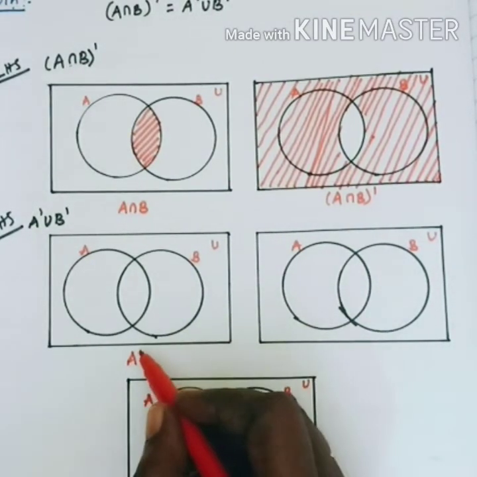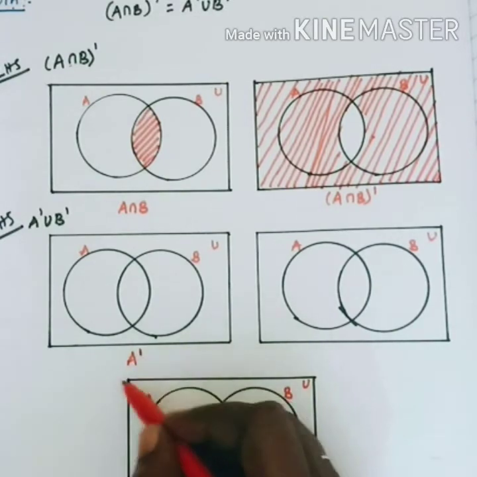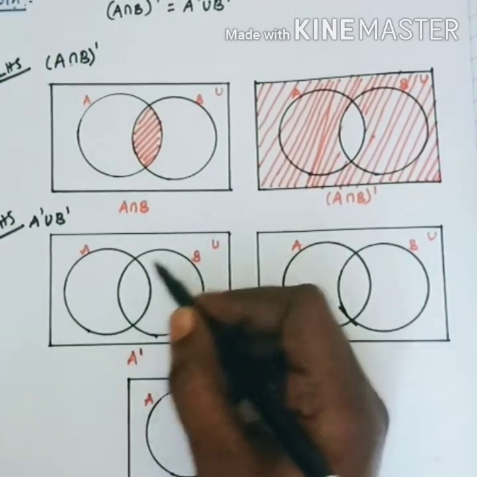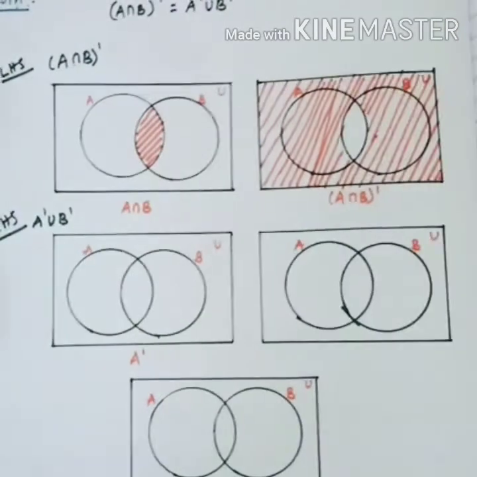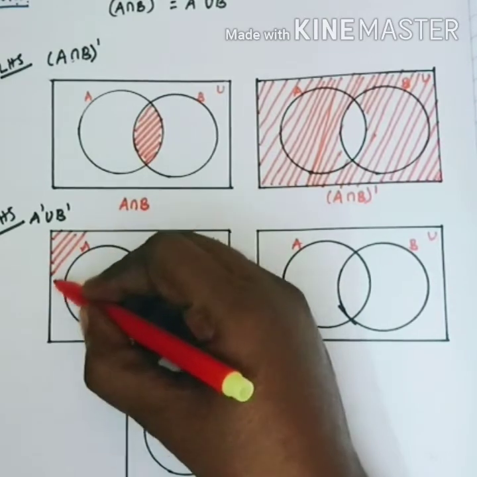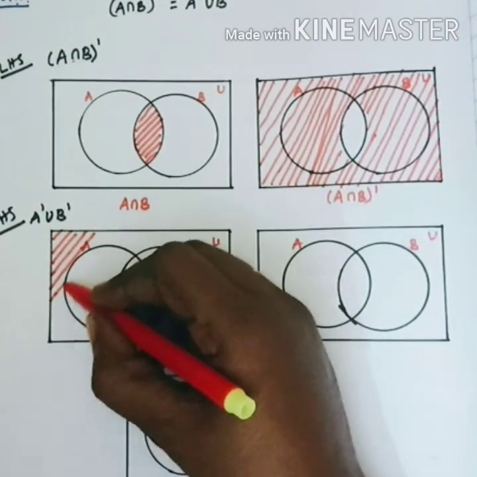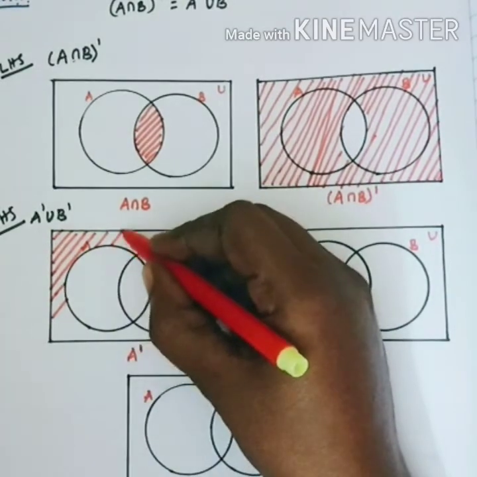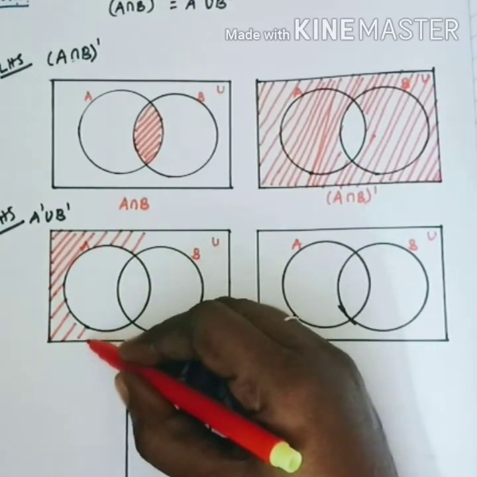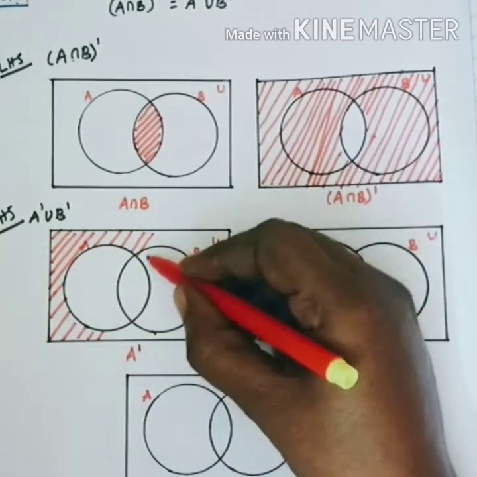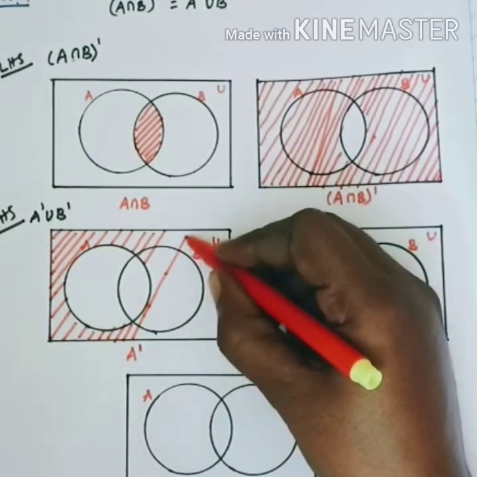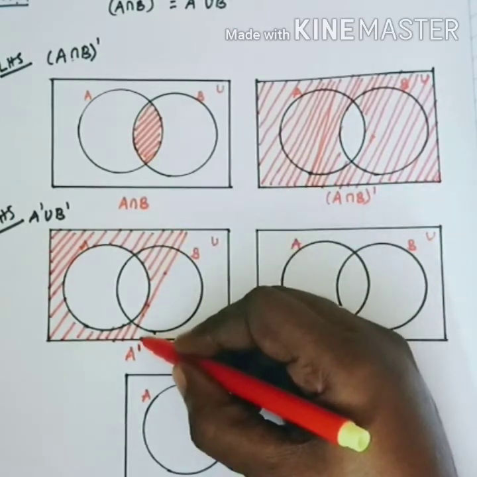Whenever this dash comes, you don't have to shade that portion. Don't touch the set A.